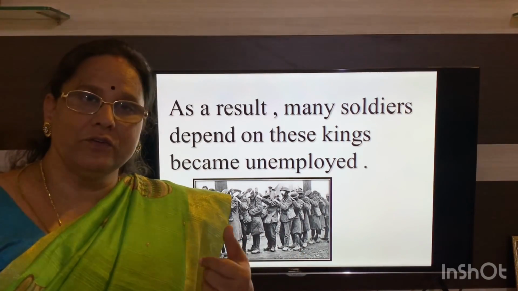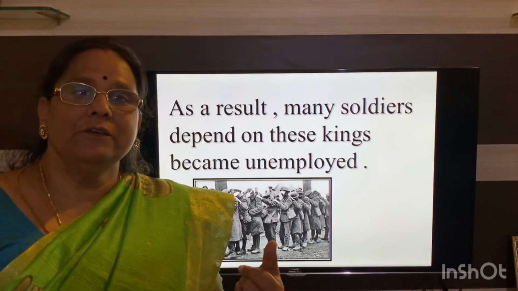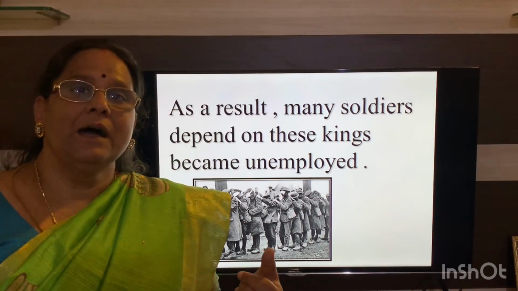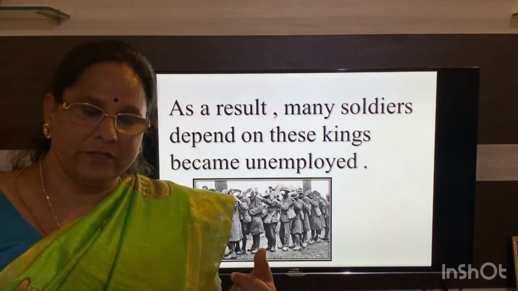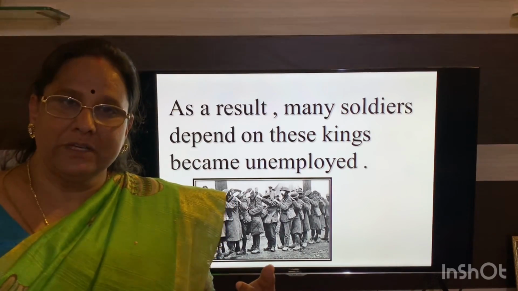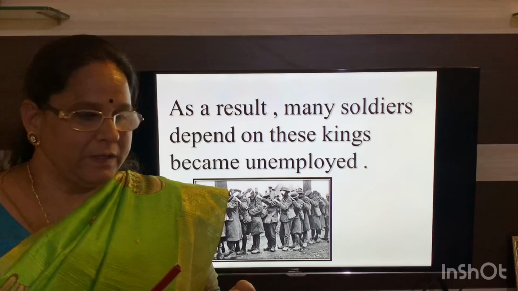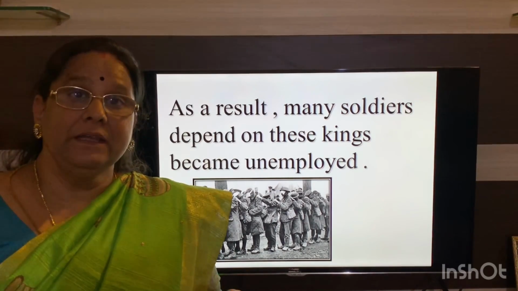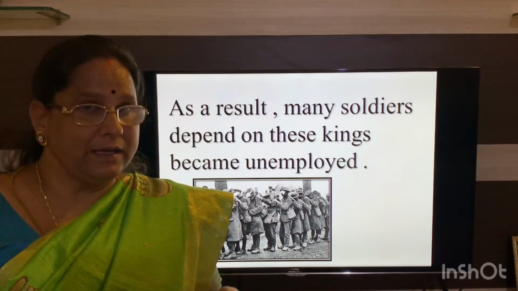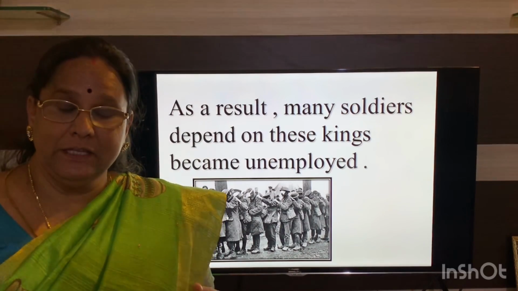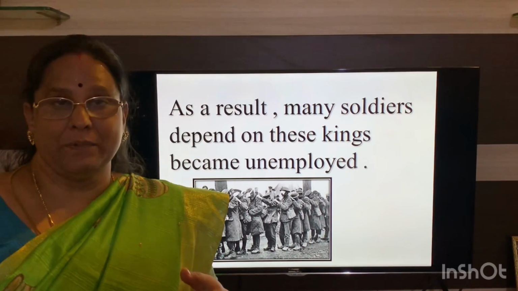When I say doctrine of lapse, you have to remember the 4 places which came under the control of the British: Satara, Jaipur, Udaipur and Nagpur. The next one is regarding the kingship: Tanjavur and the Carnatic Nawab. When I say dethroned, remember the Mughal emperor.